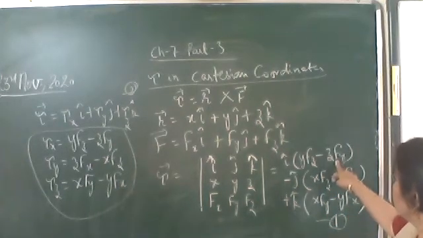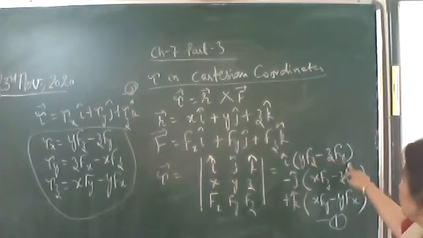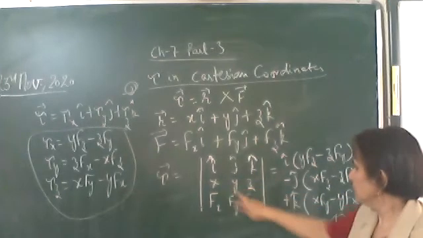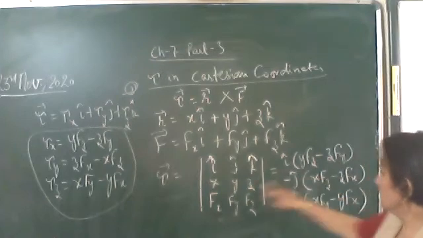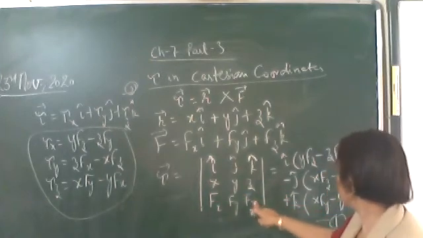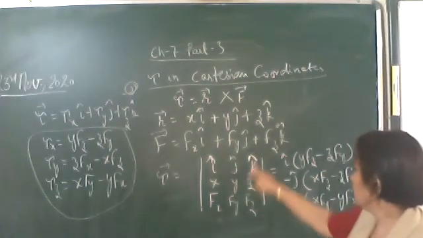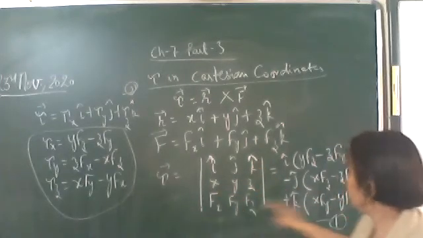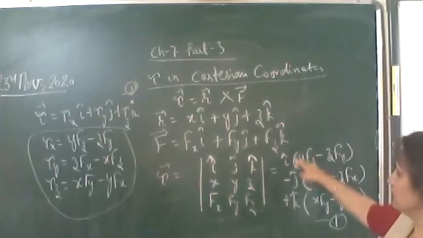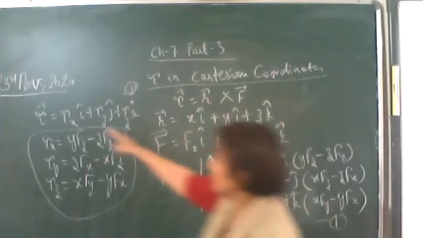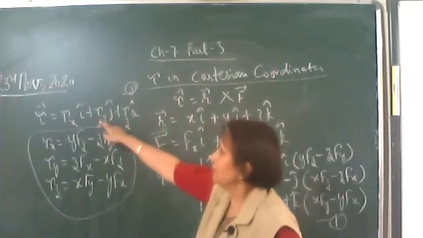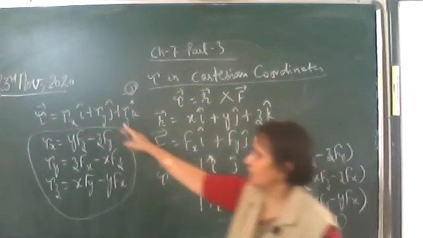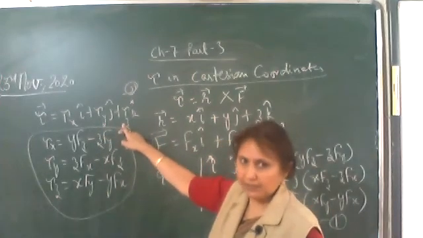Where you are saying y fz minus z fy, and here x fz minus z fx, and with k cap x fy minus y fx, this component will be compared with tau x, plus tau y, because tau will have all three components x, y and z.